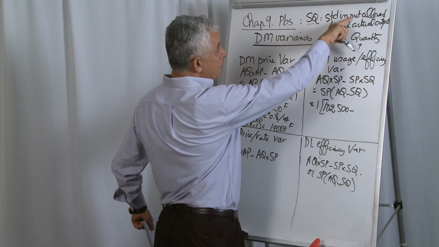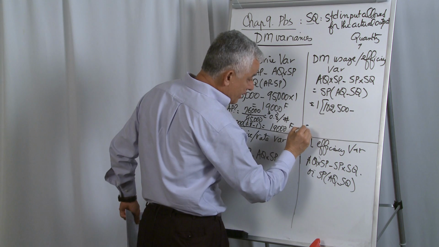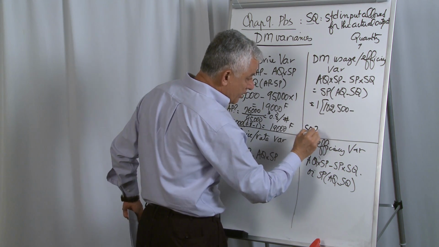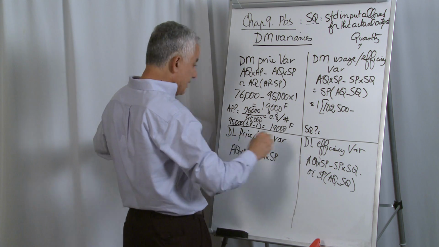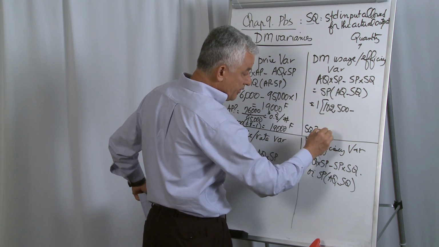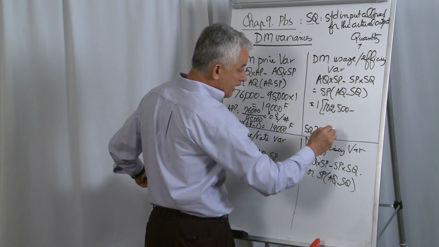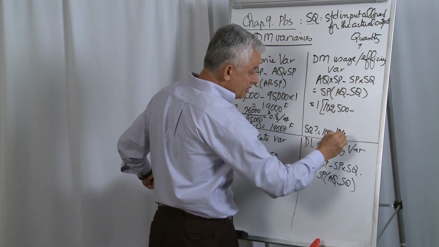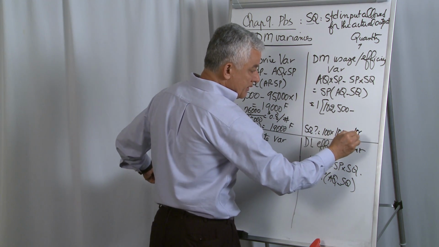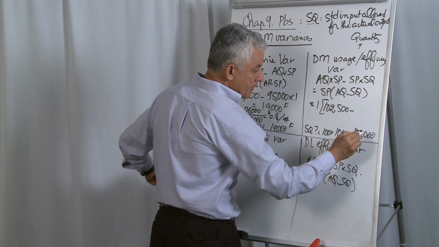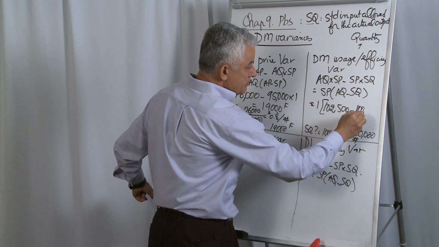The standard input allowed for the actual output, right? So the standard quantity is going to be 100. We allowed 100 pounds for each unit of output produced. And given that our production consists of 1,000 units, this is our standard quantity, 100,000 pounds.